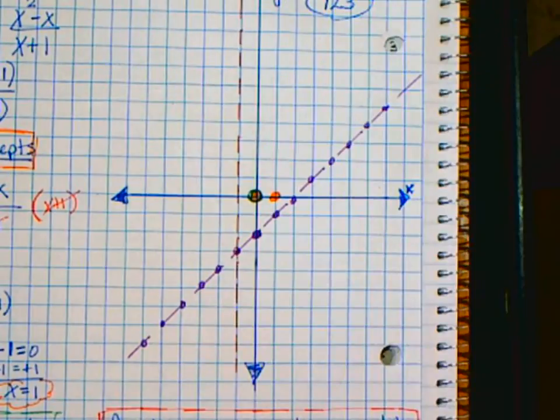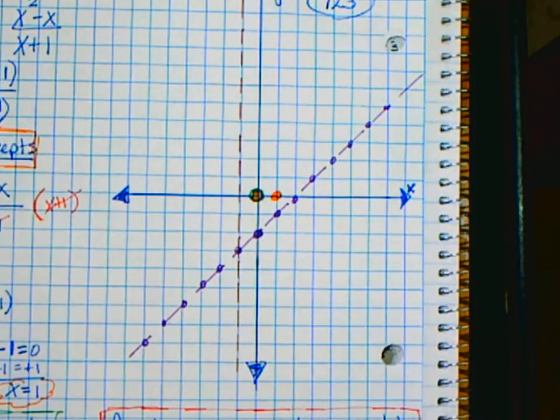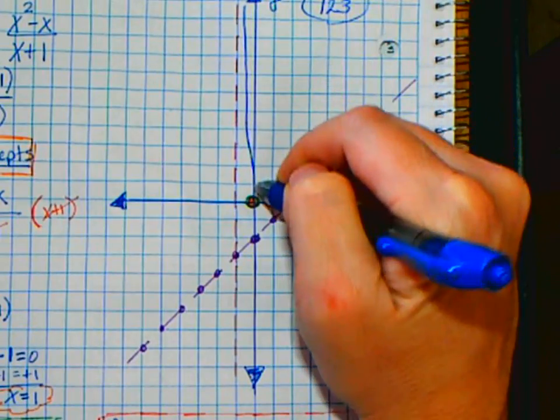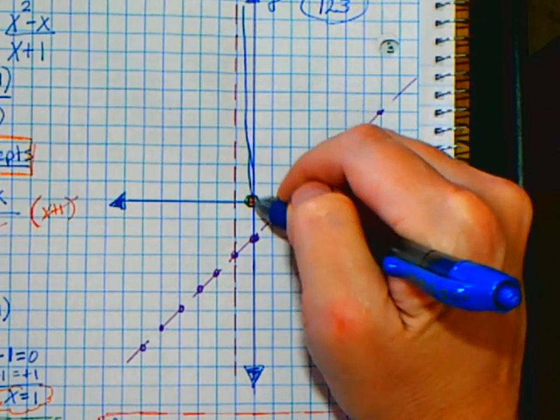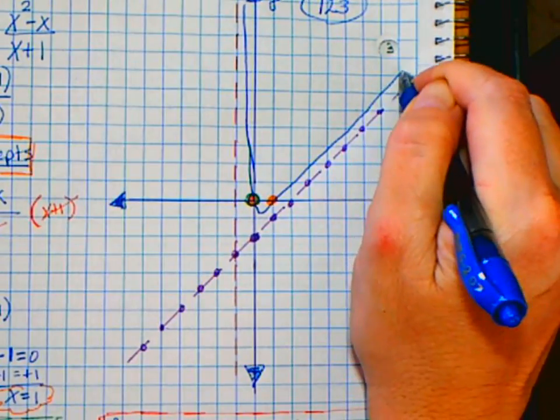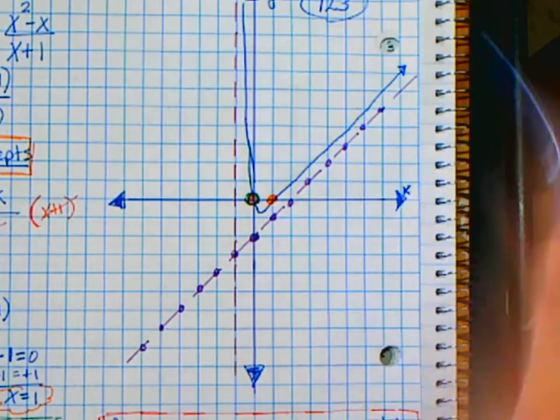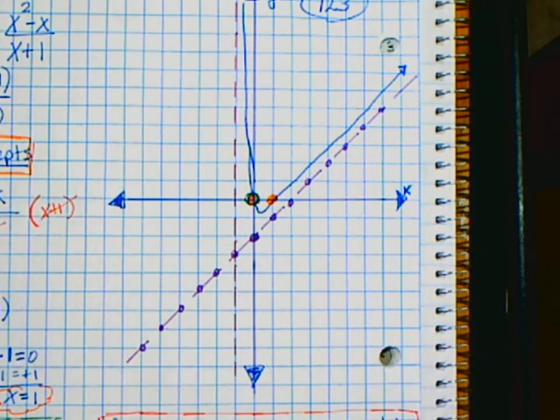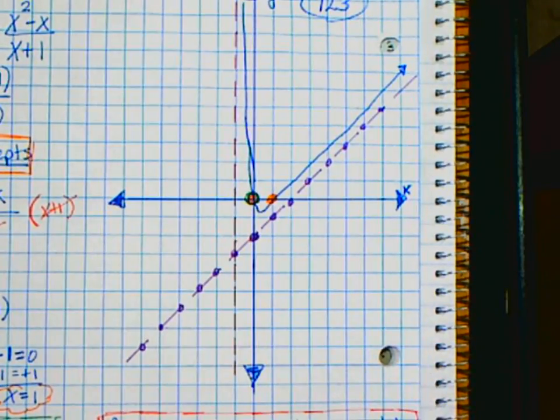If I'm going to have part of my graph in this region, could I have part of the graph in the region below it? No. But I could have something in one of these regions to the left, right?